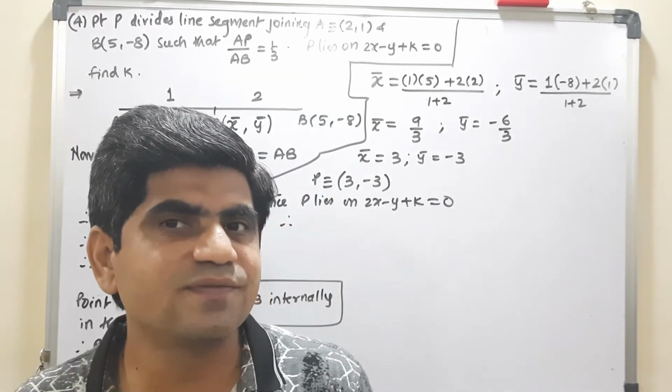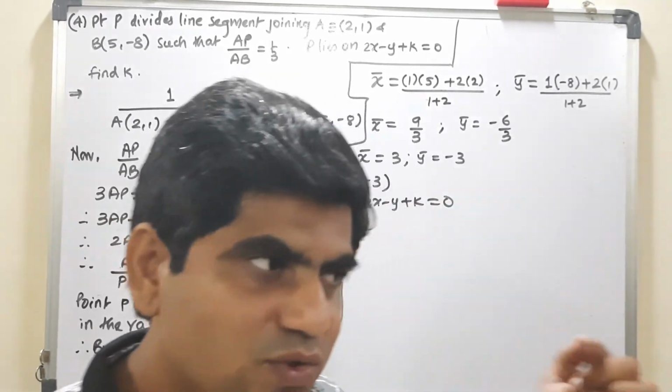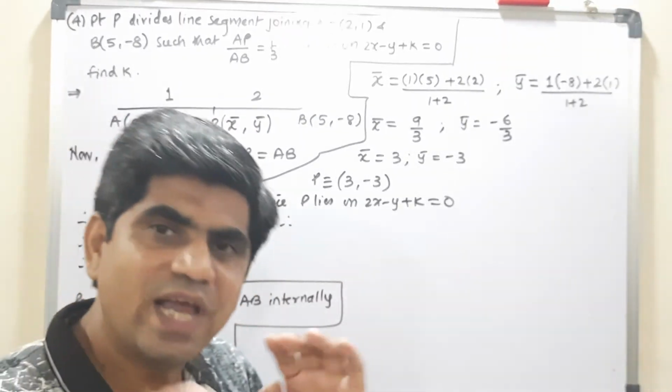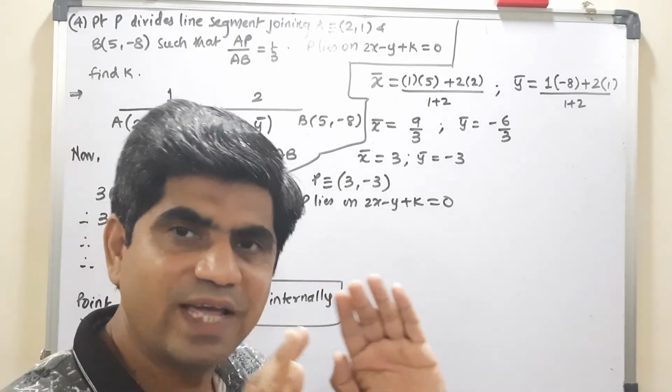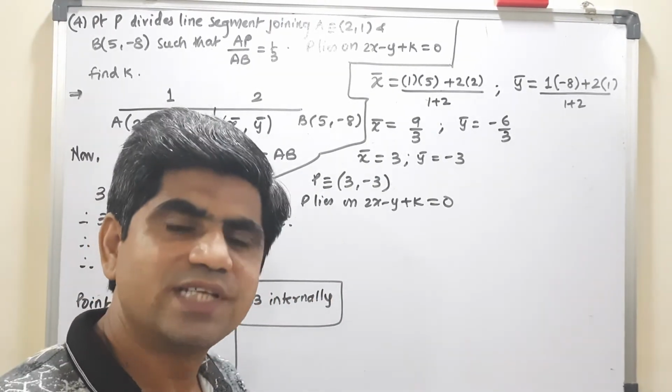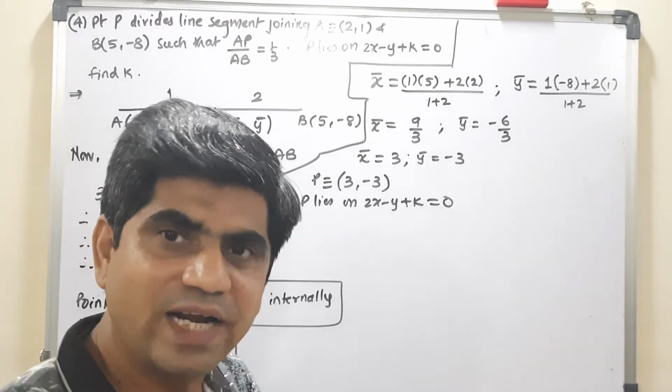That means when I put the x coordinate of P and the y coordinate of P in the place of x and y in the equation, the left side will become equal to the right side.